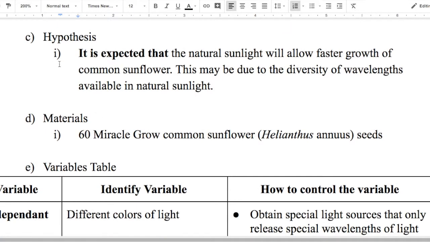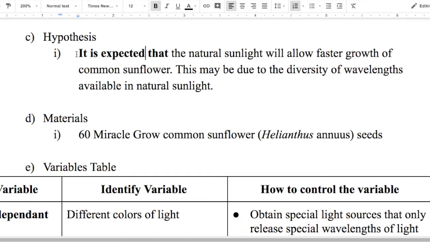Then you should write your hypothesis. It's a good way to start your hypothesis by, it is expected that. You have several sentences to write what you want, and you must state the outcome of your experiment before you begin conducting the experiment.